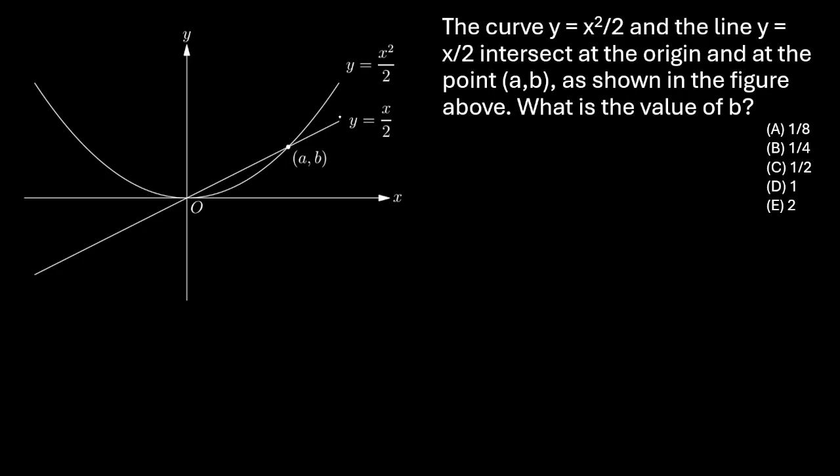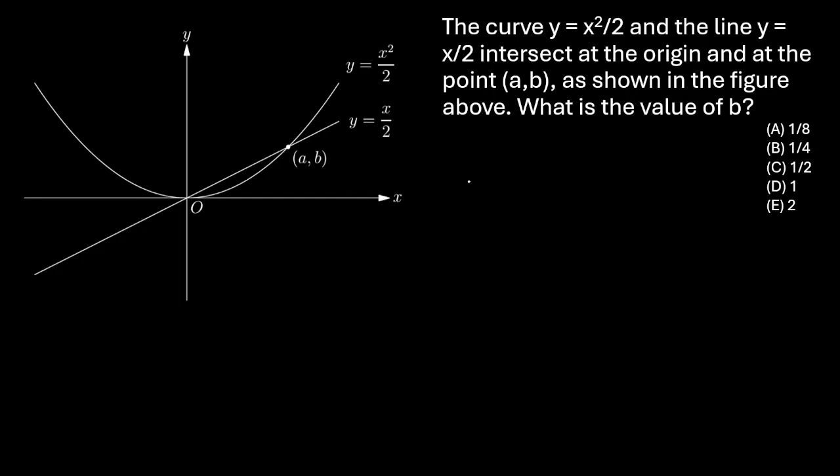We have two functions graphed here, and they have two intersections. If you plot two functions in a coordinate system, their values will be equal if and only if they intersect.